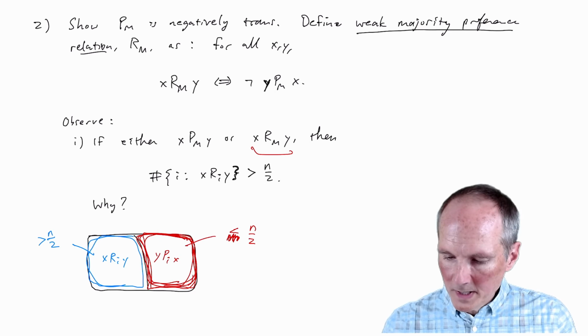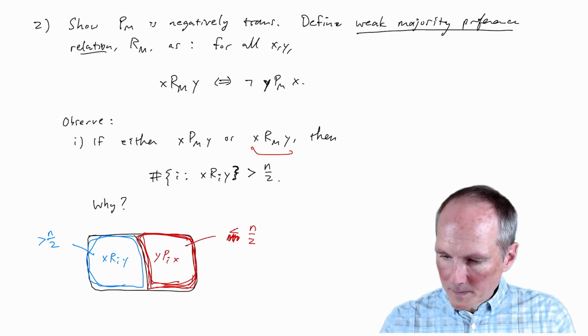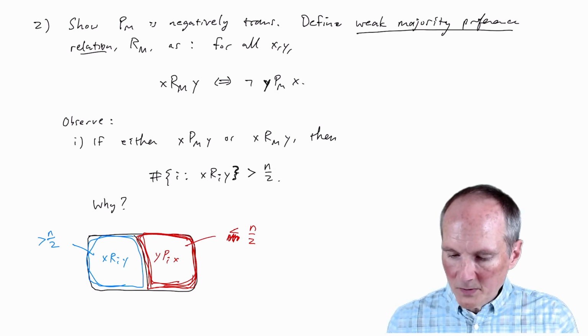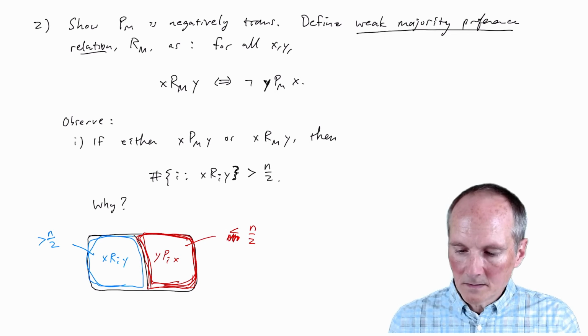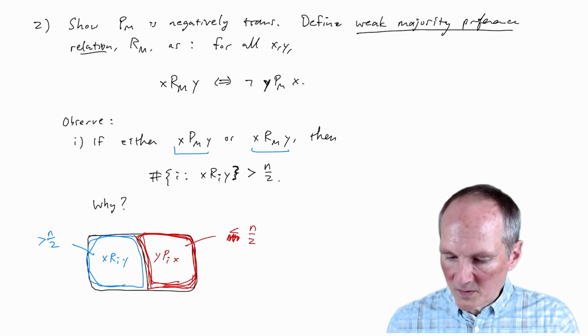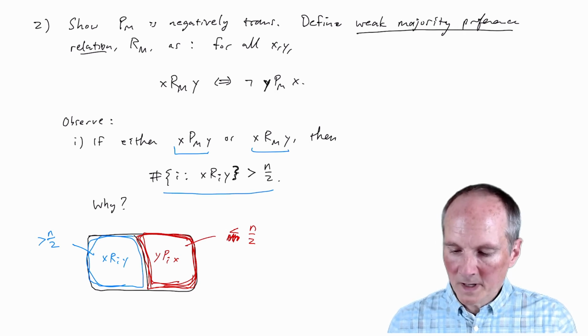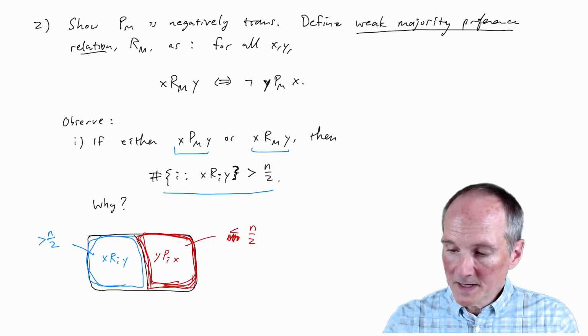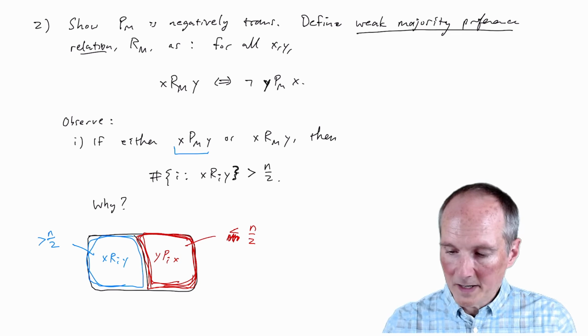So what we've shown is that in either case, there must be a majority of voters who weakly prefer x to y. That's one observation that I want to make.